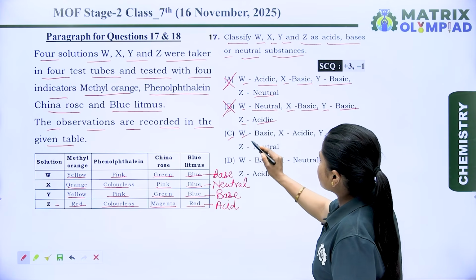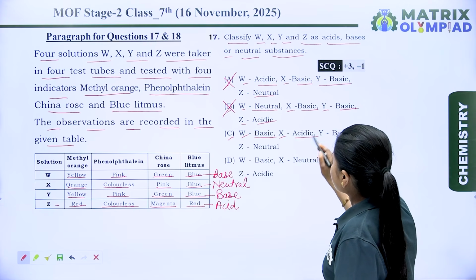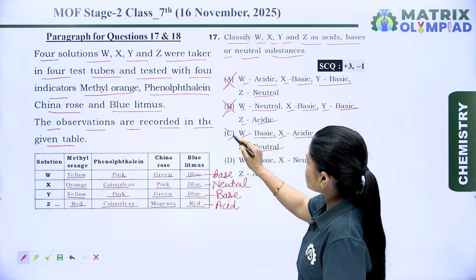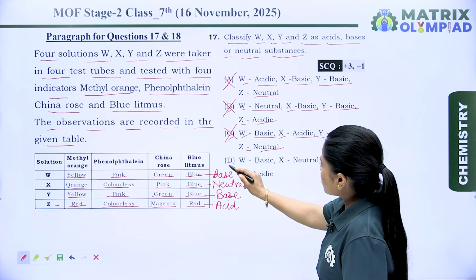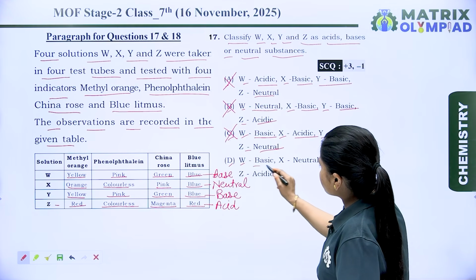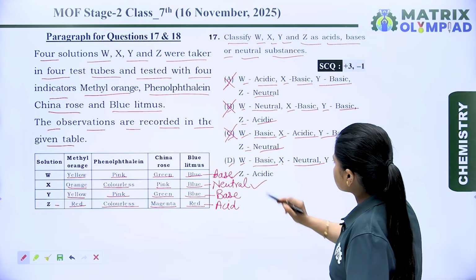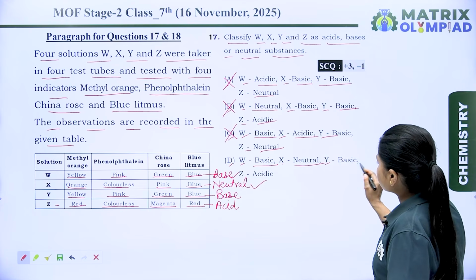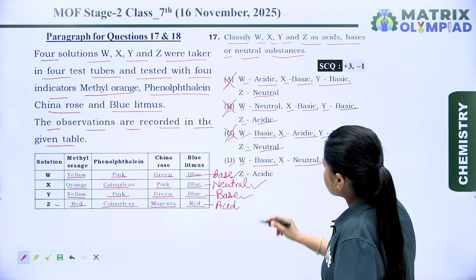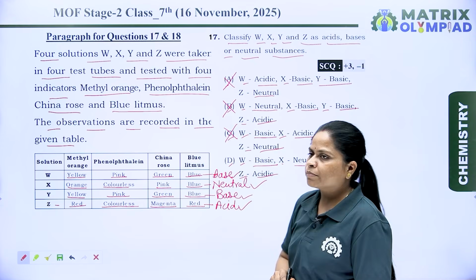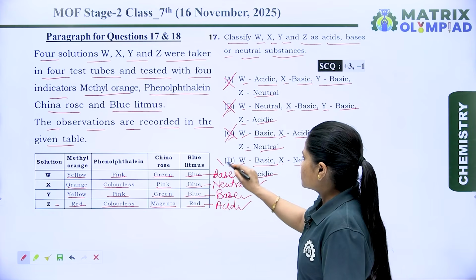In C, W basic, X acidic, Y basic, Z neutral, this is again wrong. Option D is W basic, yes, X neutral, this is again true, Y basic, this is again right, Z acidic, so option D becomes the correct answer.